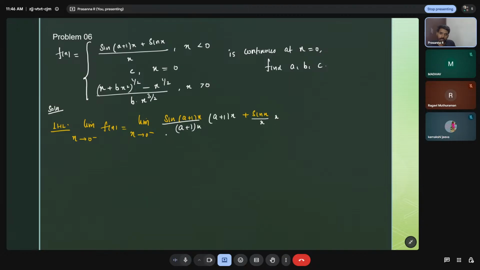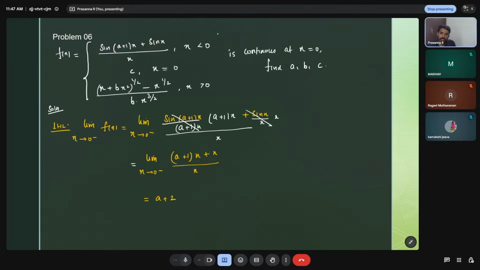So whole divided by x. This will become 1, this will become 1. So this will be the limit as x tends to 0 from the left of (a+1) plus 1, which is a plus 2. So a plus 2 is your LHL.